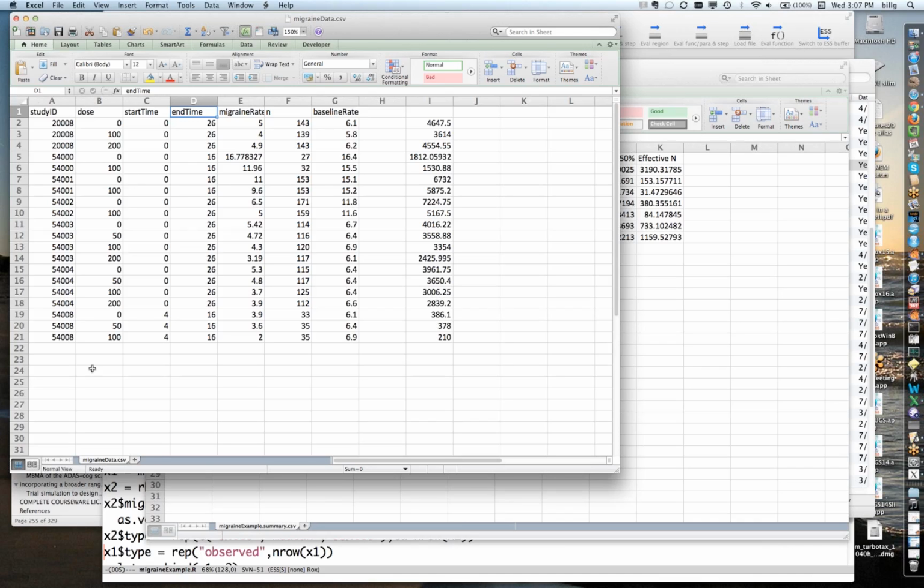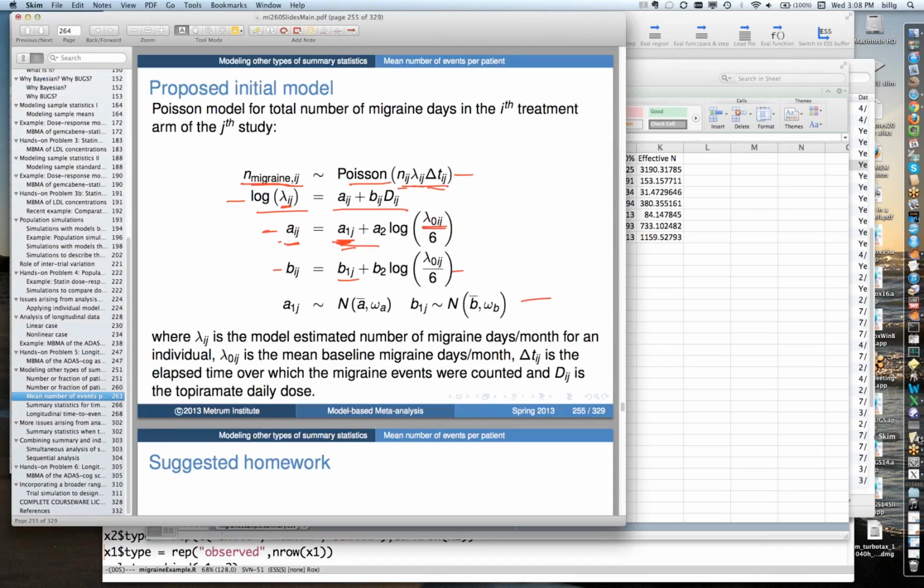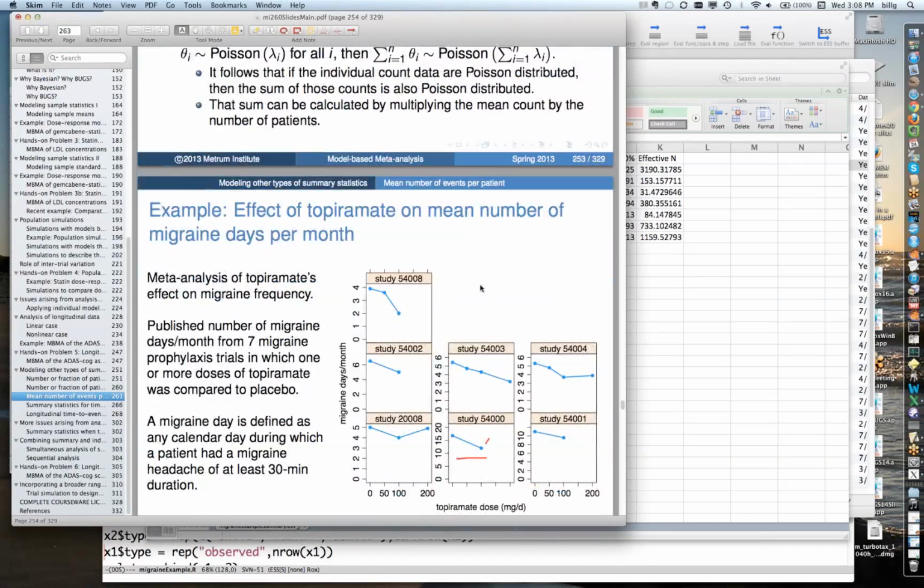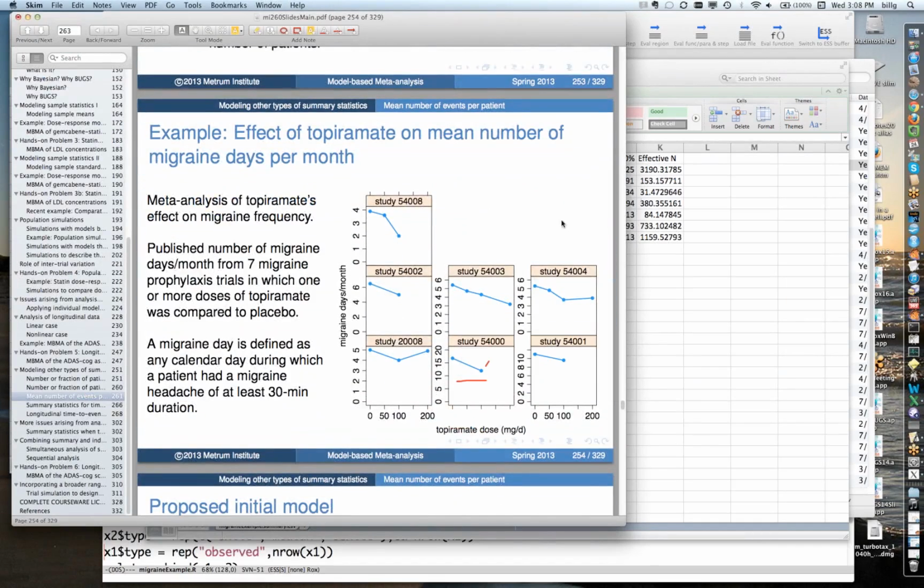Another thing is that it struck me after I did this, on further thinking, that maybe the Poisson model is not actually the more theoretically appropriate model either. Let's go back. Why don't I wander back to the slides here? What I was going to get at is thinking about the context here.